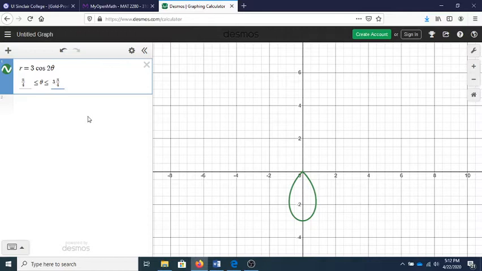Okay, my function is negative on that interval, but it's uniformly negative for the whole interval. So actually this interval would still work.